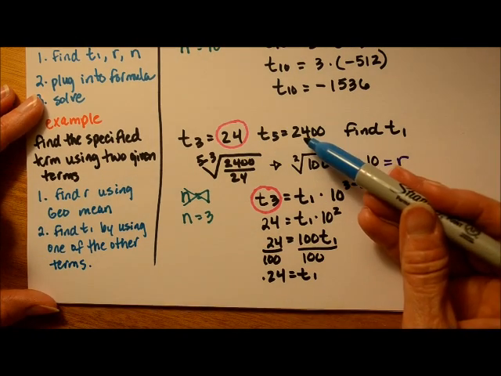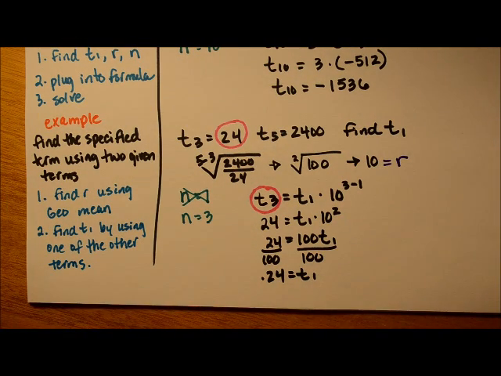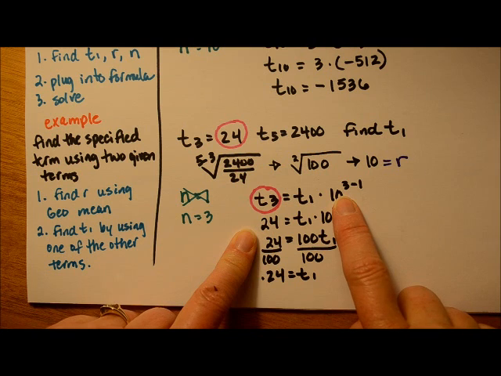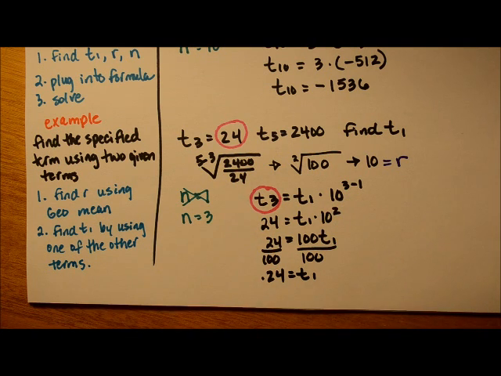Okay, I could have used T5, I would have gotten the same thing. Down here, I could have used T5 here, and I would have gotten the same thing, right? Okay, very good. I will see you in class, and we will practice, practice, practice.